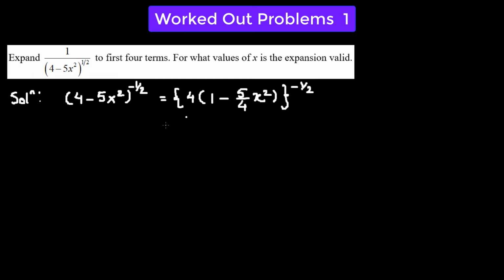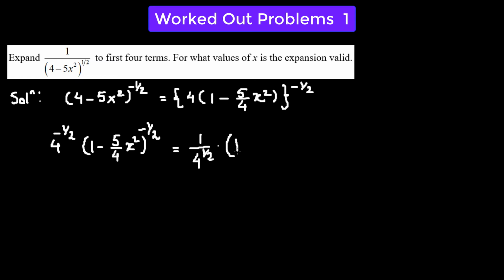Taking out the 4, it's going to leave us with 4 raised to the power -1/2 times (1 minus 5/4 x squared) raised to the power -1/2, and this should be equal to 1 over 4 raised to the power of half times (1 minus 5/4 x squared) raised to the power -1/2.